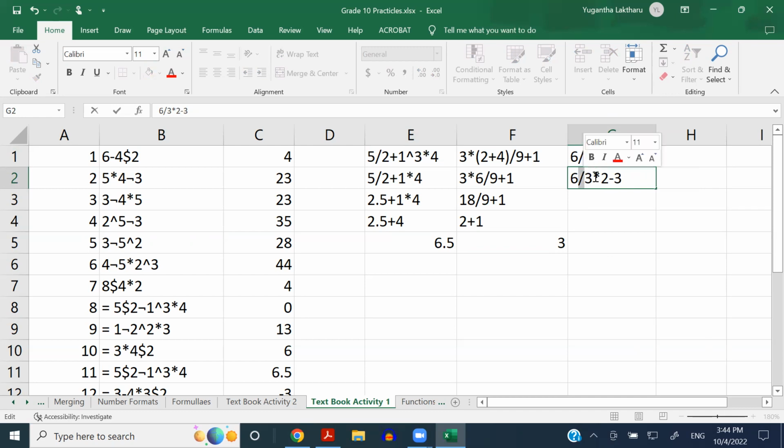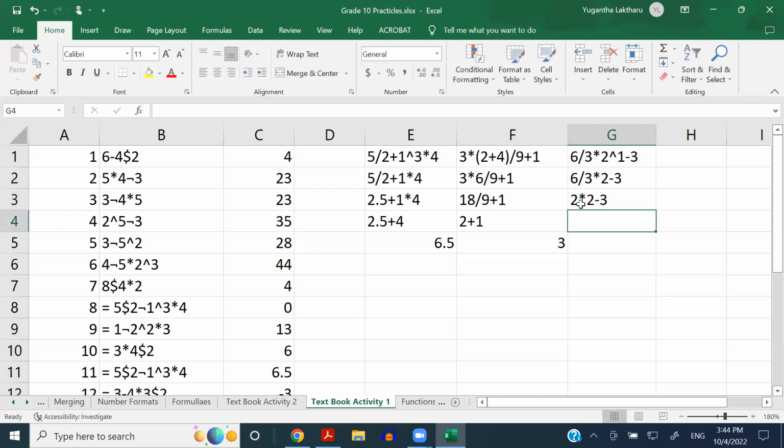Since we got division and multiplication, we are going to deal with division first because it is the one that we are finding from our left first. So 6 divided by 3 gives you a 2. So it is 2 into 2 minus 3. Comes like 4 minus 3, and 1 is going to be the answer.